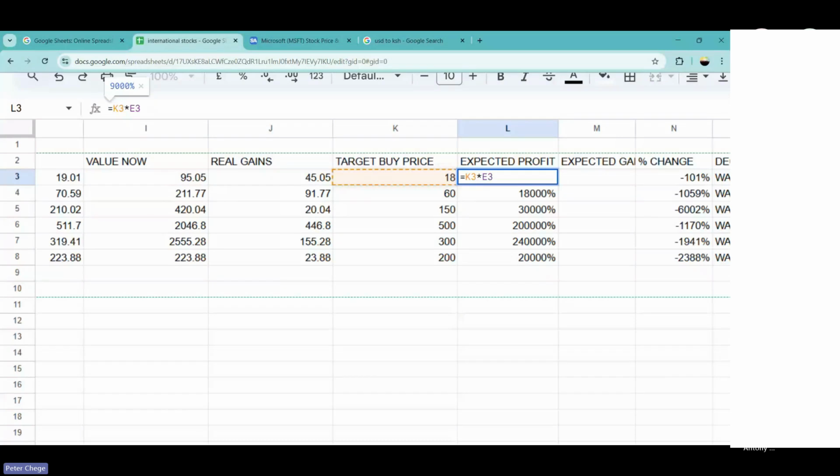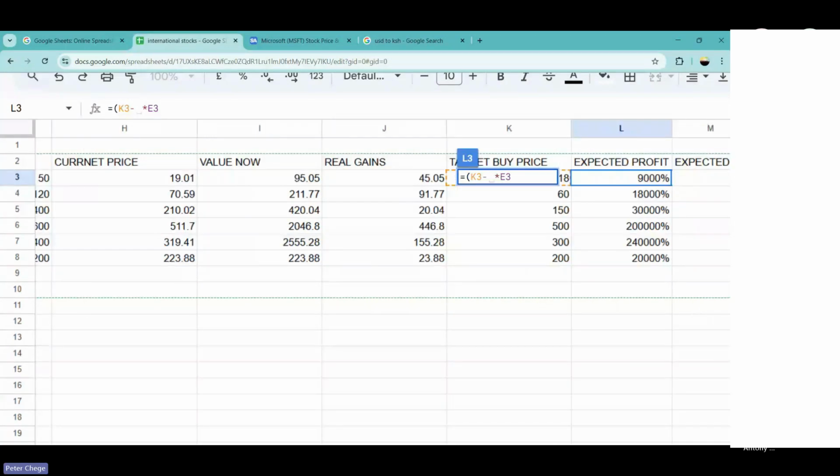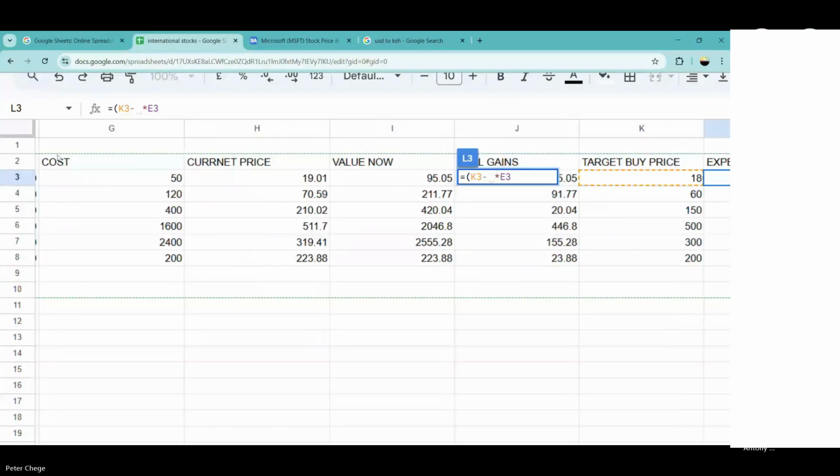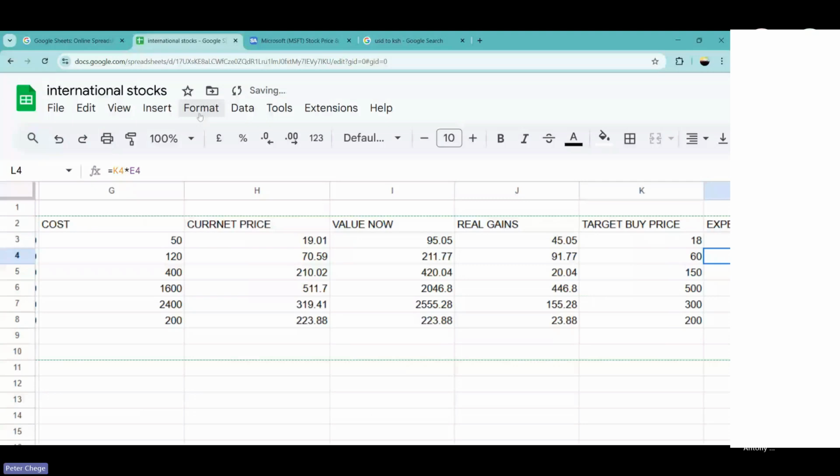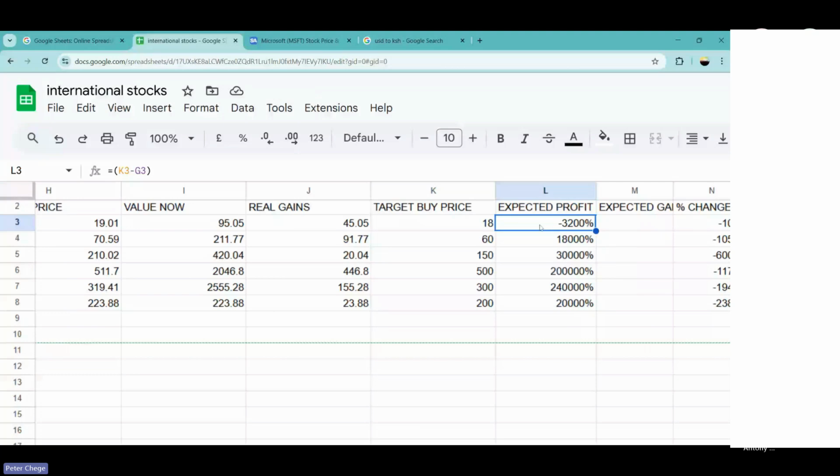I think I also made some mistakes somewhere. Times quantity. Actually, you don't need to multiply. Let me see, target expected profit, target buy price, real gains.